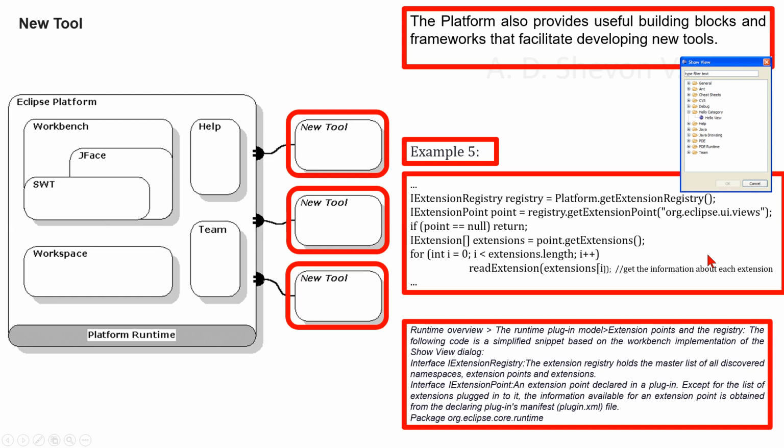Once the extension definition of interest has been found, the protocol IConfigurationElement can be used to examine the individual attributes of an extension. Get the information about each extension.